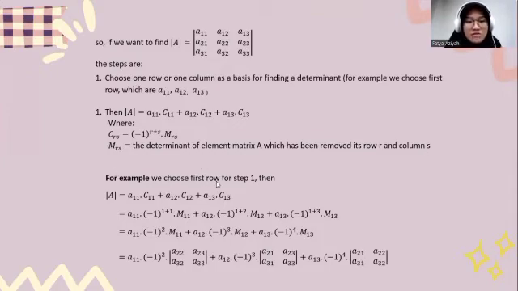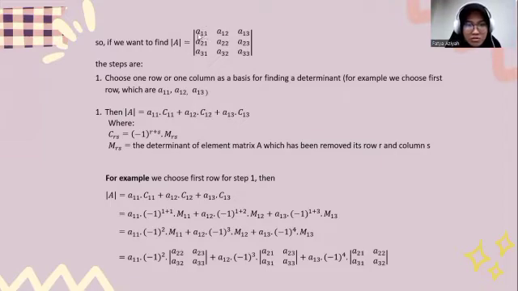For example, we choose the first row for step 1, then the determinant of A is A11 times cofactor A11, and we can divide it like this, and we get power 2, power 3, and power 4, and we can also write each minor like this.